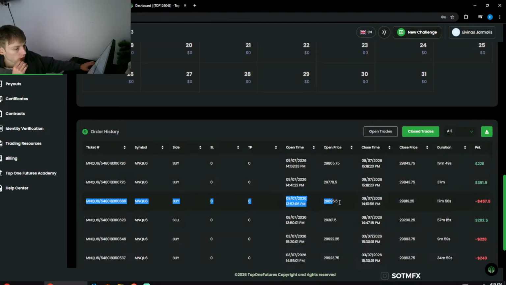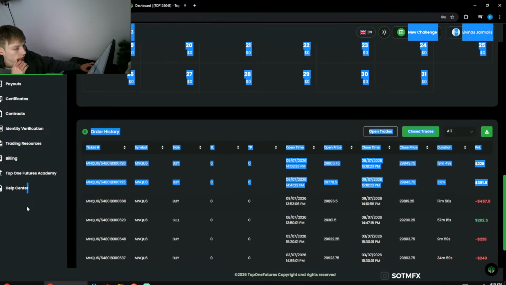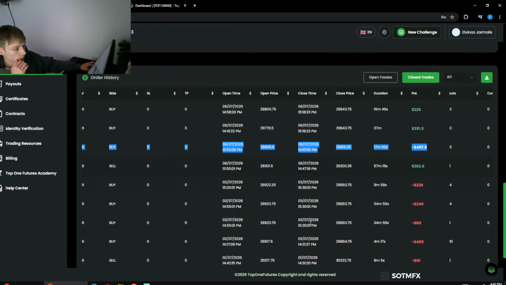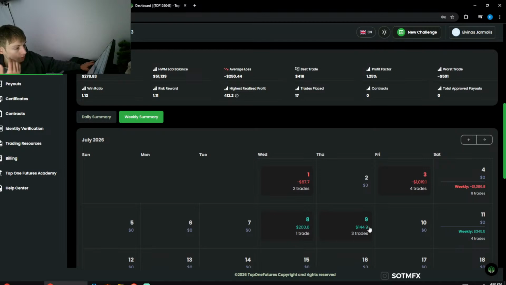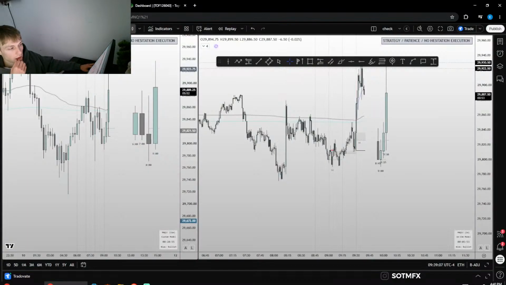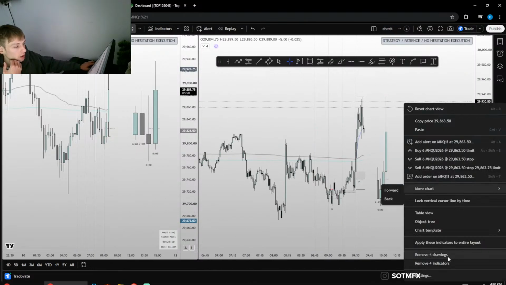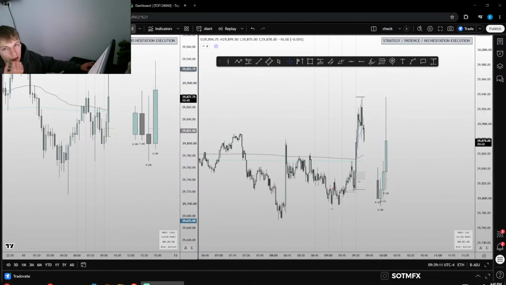I had one trade which was a 500 loss, and then I made like 600. So small profits, that's fine for the day. I just wanted to finish my day in basically a small loss.